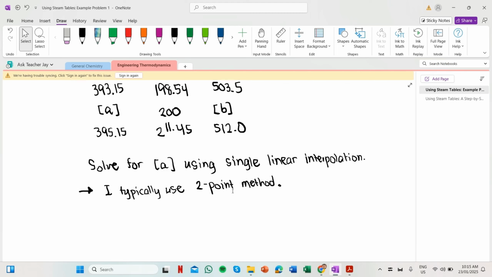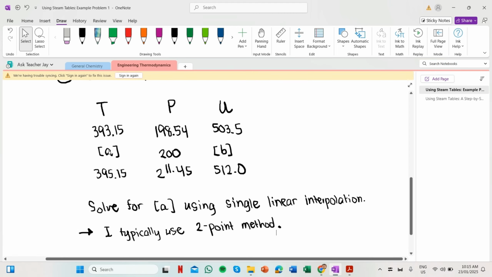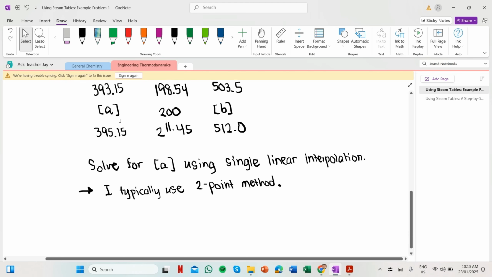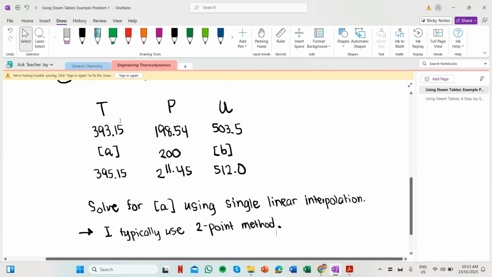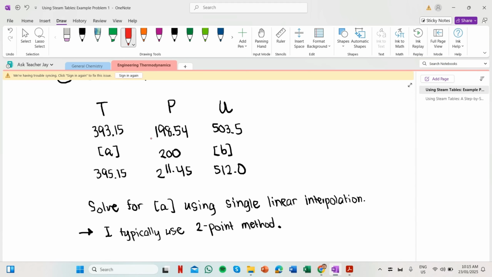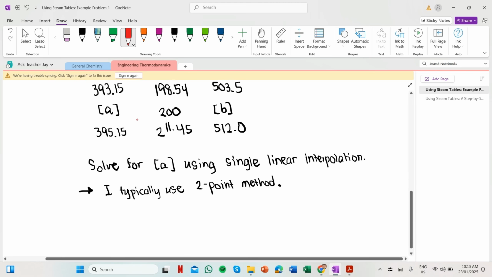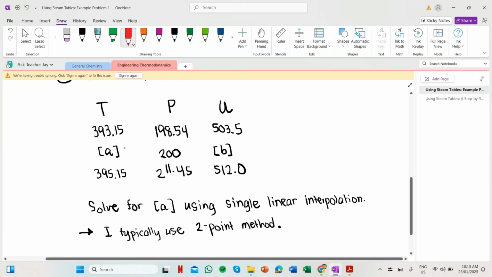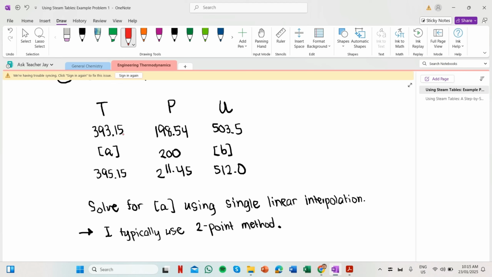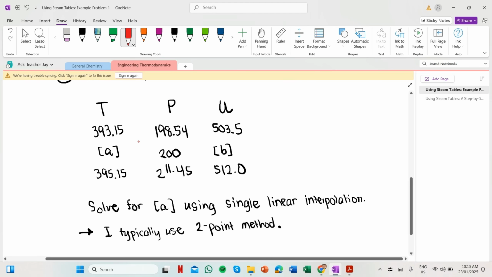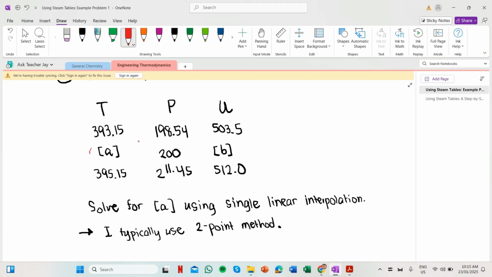So the first thing that I'm going to determine is the value for A. My goal is to establish the interpolation solution in a way that only the unknown A is present and the rest are given values. My usual pattern is I copy this unknown, minus the initial value, over the higher limit minus the lower limit.